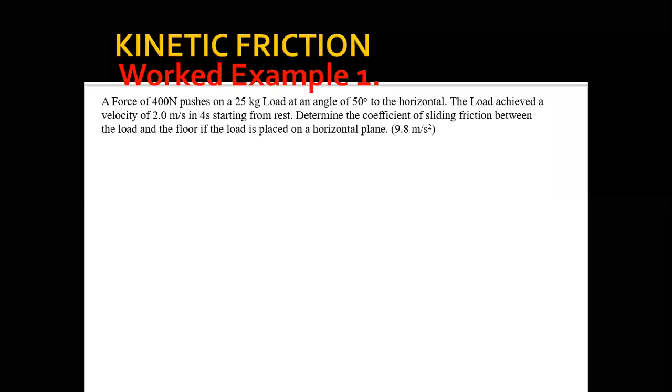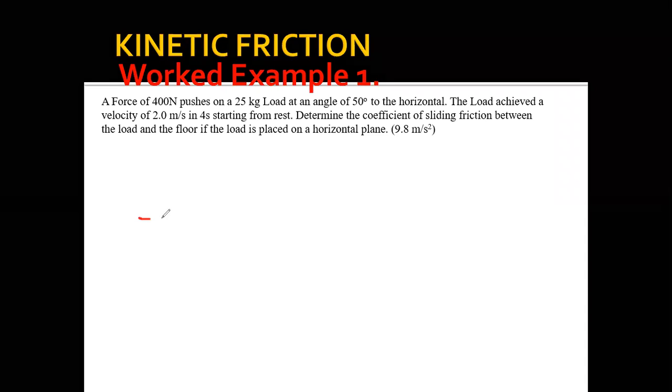To continue from where we left off. Okay, so we have the vectors. We had a force going this way. F was 400 Newton.